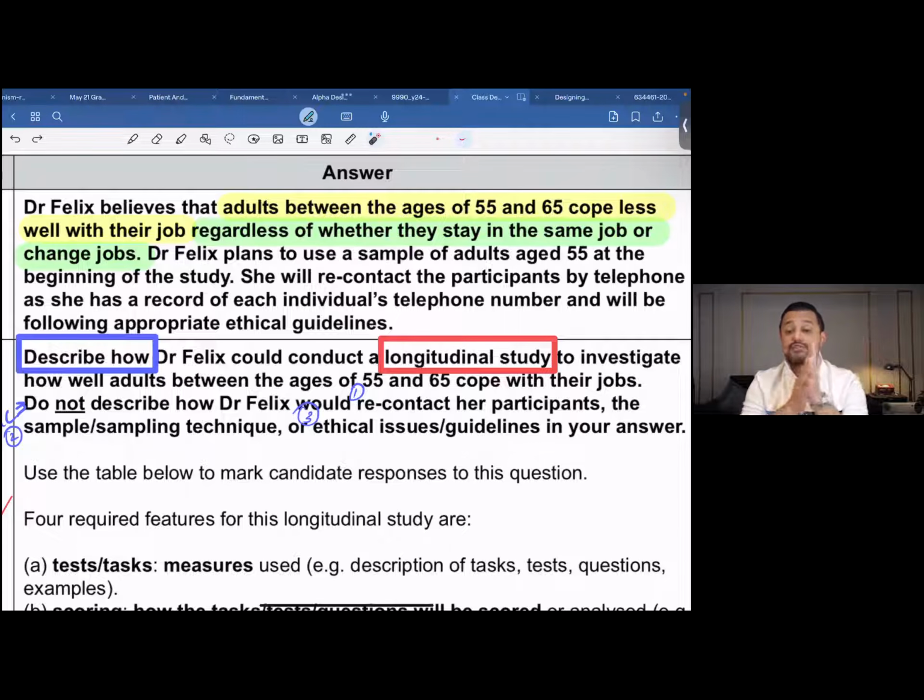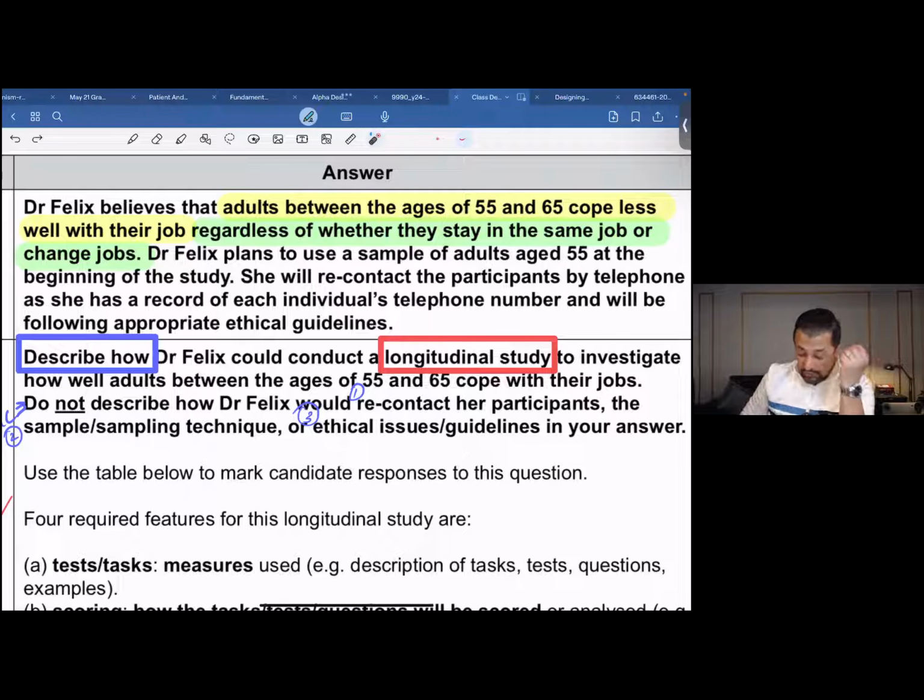So the examiner has given us clear-cut instructions to not spend time describing how she recontacted her participants, how she collected her sample or the sampling technique that she used, or the ethical guidelines that she would be following. These are the three things that we are expected to stay away from.